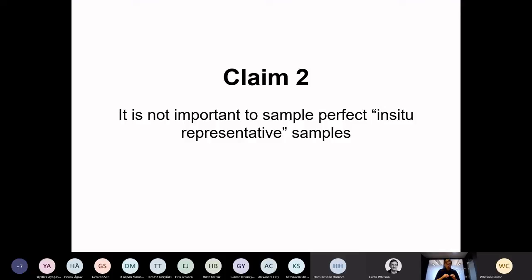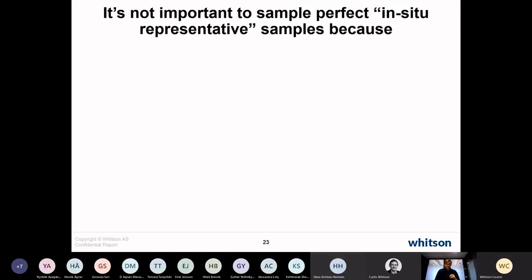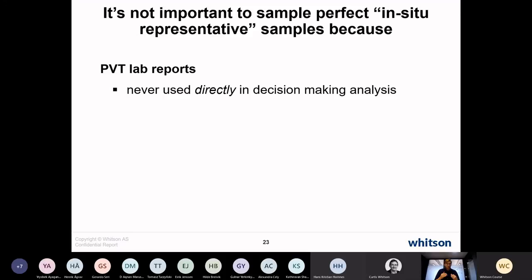The second claim is that it's not important to sample in situ representative samples. And the reason for that is that a PVT laboratory report is never used directly in decision-making analysis, but is mainly there to create a PVT model. And when you create the PVT model, what you actually care about is not what's in the reservoir. It's not necessarily what's at surface. You want to capture what is actually happening within the PVT cell. So for the compositions that you input into the PVT cell, as long as they're reservoir representative of your reservoir, that is what you in general would like to capture with the model.